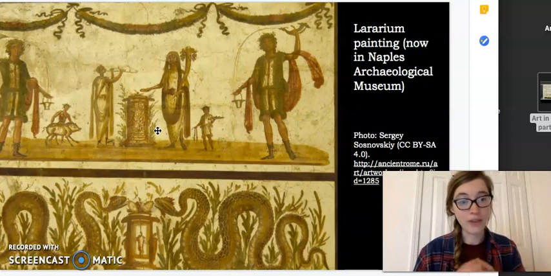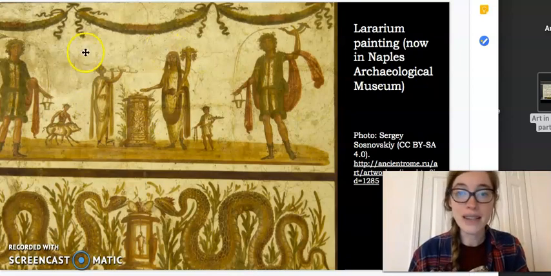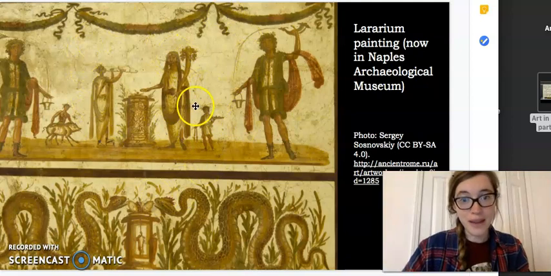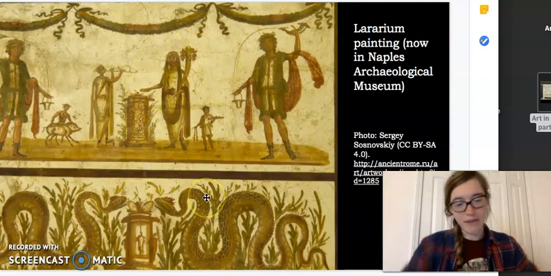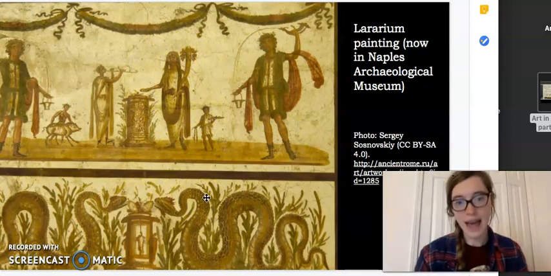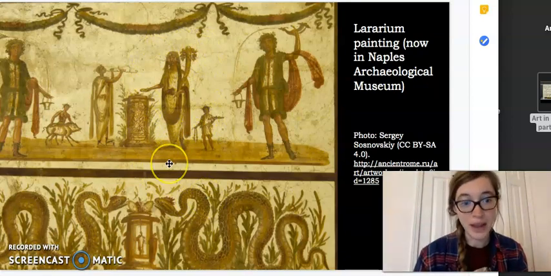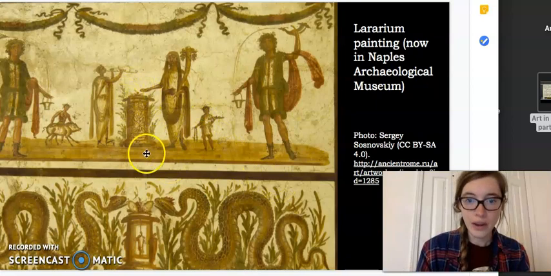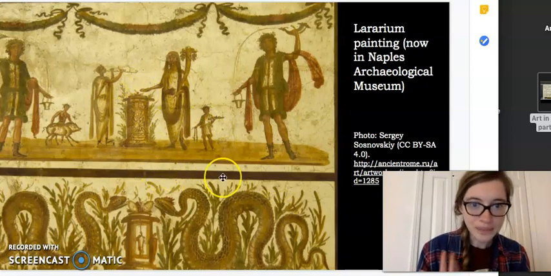So the genius of the household is usually represented as a man holding a cornucopia, as you can see here, and in this capite velato state, right, with the toga pulled over his head as he is doing a religious ritual. And here we have him sacrificing at an altar.